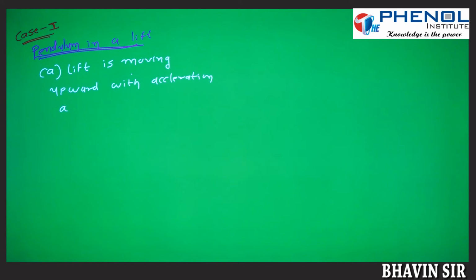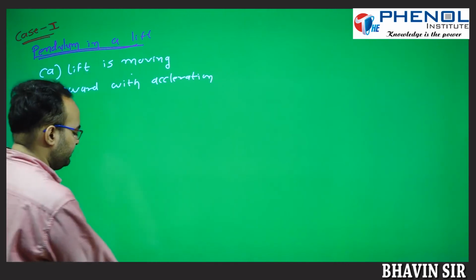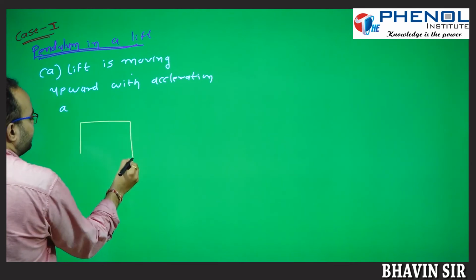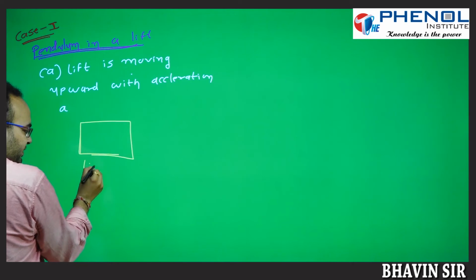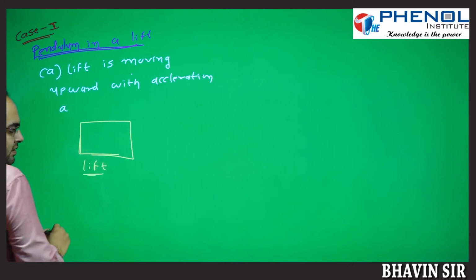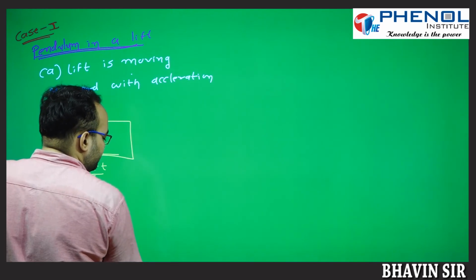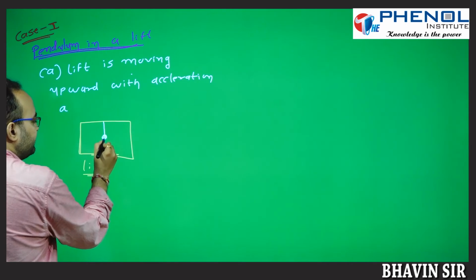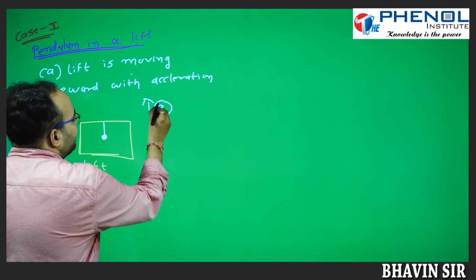So what is the first case here? Lift is moving upward with acceleration a. So this is the lift. This is our pendulum. Now the lift is moving upward with acceleration a.